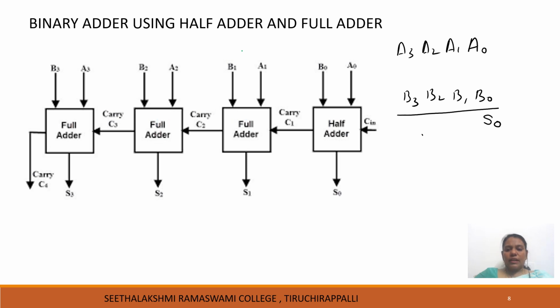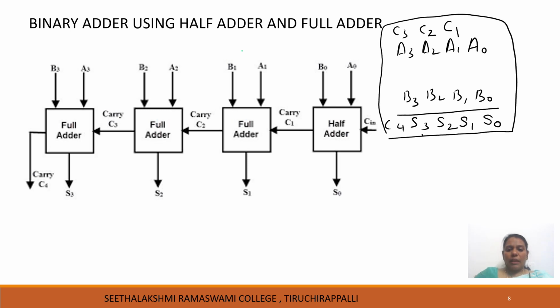If it has a carry, then it will have a carry C1. When you add these three numbers, you will get the sum as S1. The carry will be C2 and here it will be S2. Carry will be C3. Here S3 and you will have carry C4. So the same operation can be performed using a circuit which is called a binary adder.